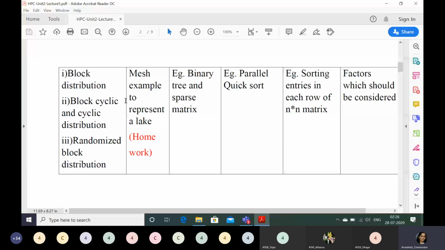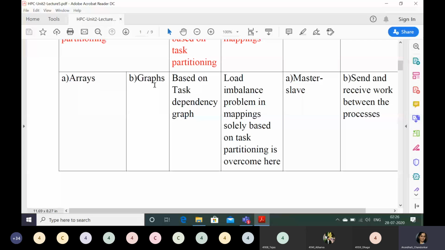Array partitioning has regular or structured patterns, as in the number of examples we have seen, especially matrix operations. When we go for graph, we see irregular or unstructured patterns in the problem.